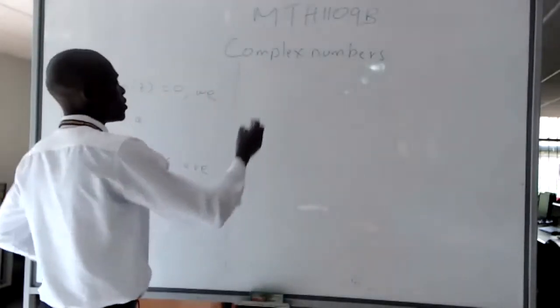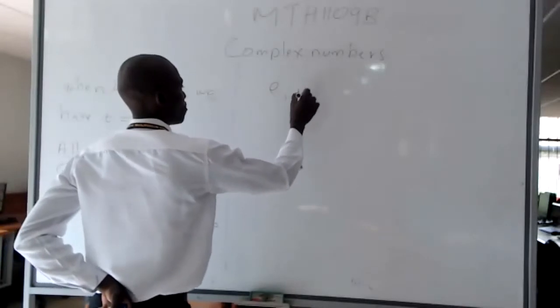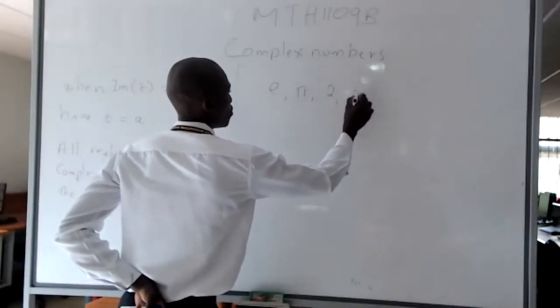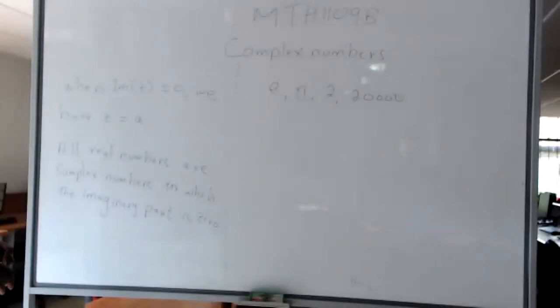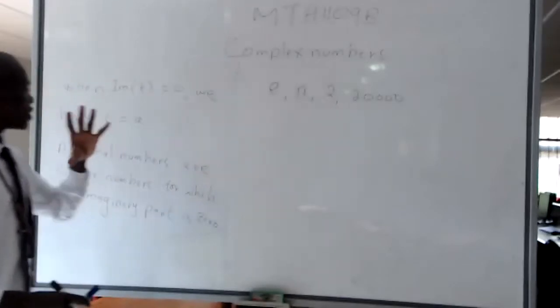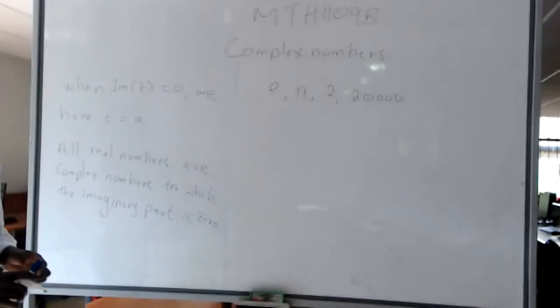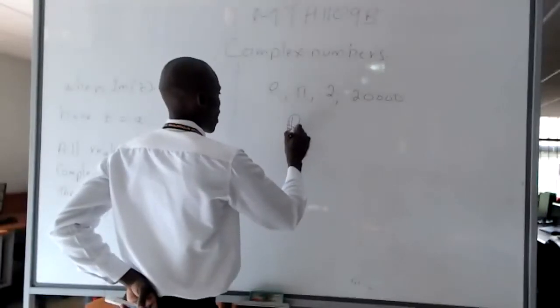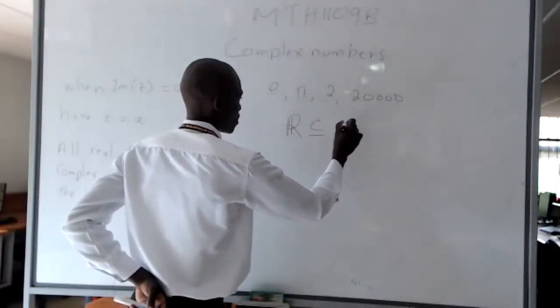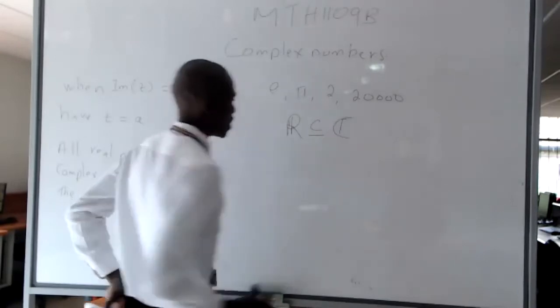So for example, numbers like e, pi, 2, 20,000, all these are complex numbers. They are real numbers, but they are complex numbers for which the imaginary part is 0. So what I'm trying to say is that the set of the real line is a subset of the set of complex numbers.